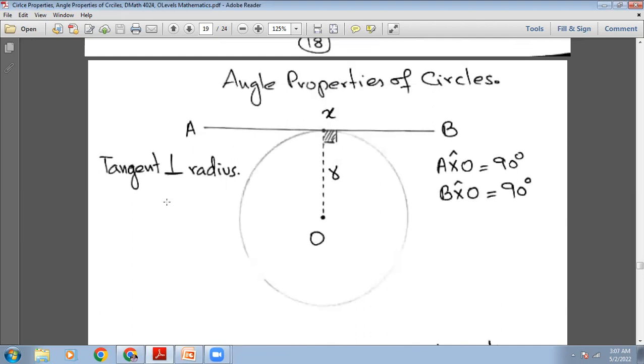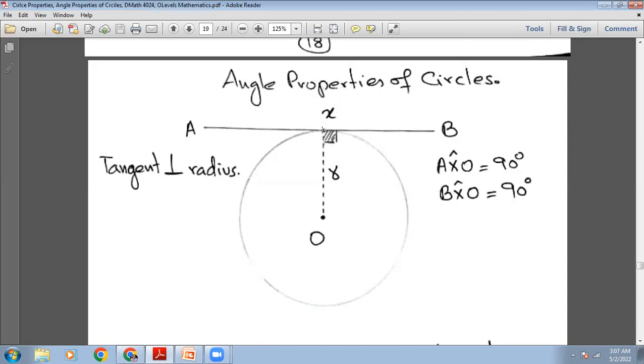Here we have the angle properties of circle, and here we have a tangent. AB is a tangent, and O is the center. A tangent is a line which touches the circle at only one point. That is known as the tangent, and this is called the point of tangency.